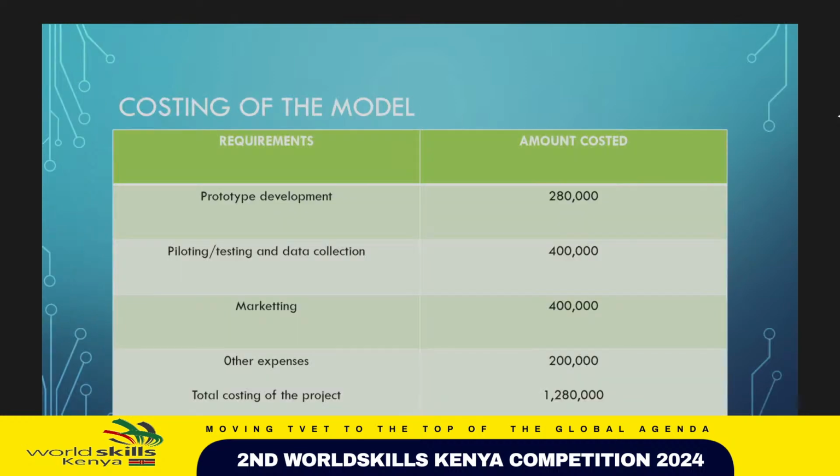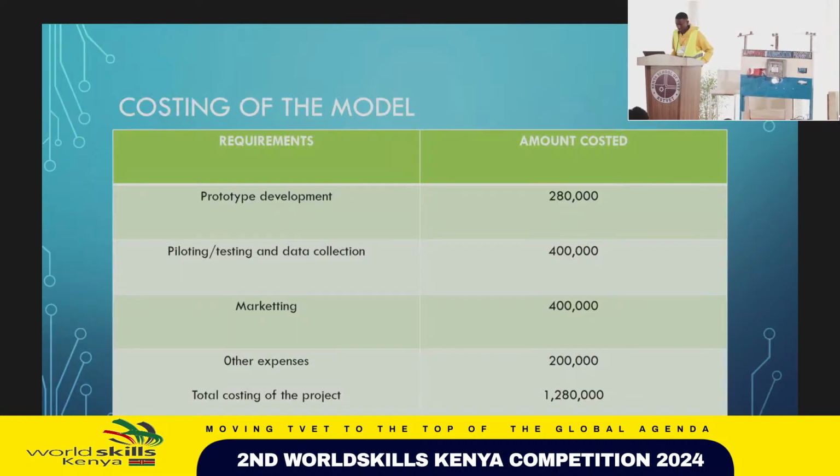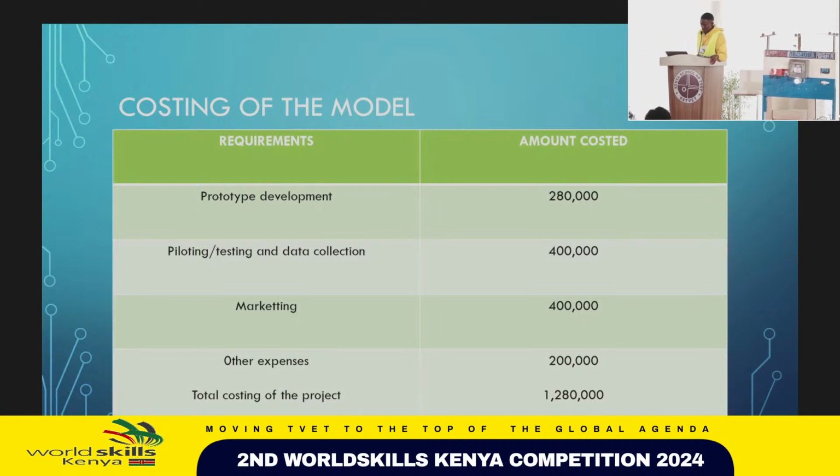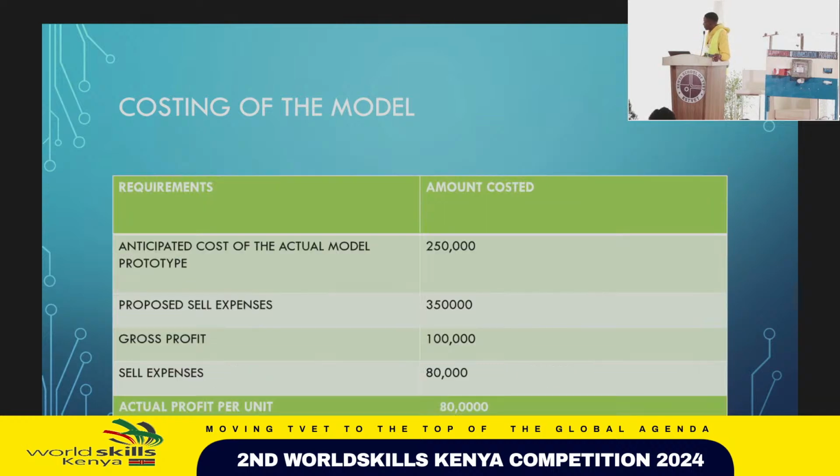So the cost of the model: you can see the prototype development costing 280,000, piloting costing 400, marketing costing 400, other expenses costing 200, total cost of the project 1,280,000. Next slide.